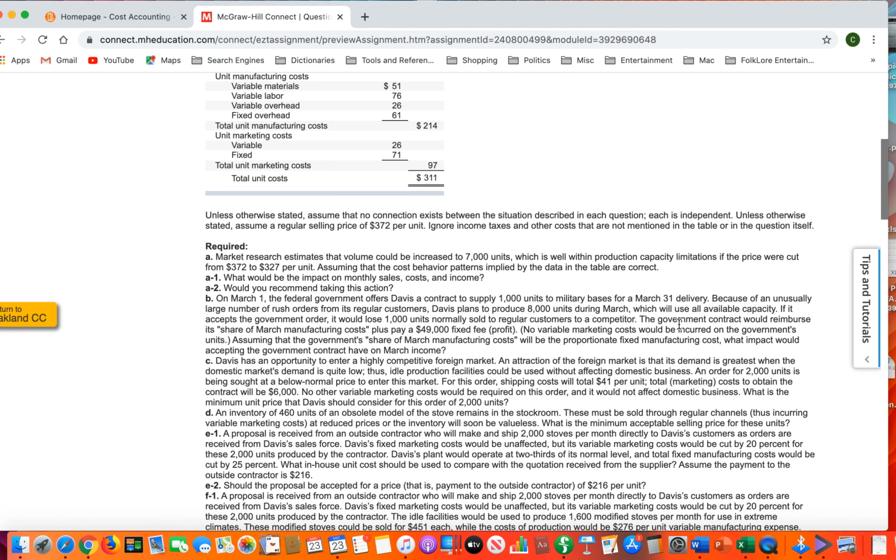The government contract would reimburse its share of March manufacturing costs plus $49,000. There's no variable marketing costs at all, okay? Now, so the government is going to reimburse you for the variable overhead. First of all, manufacturing costs.